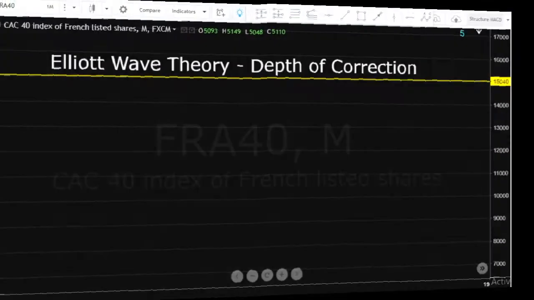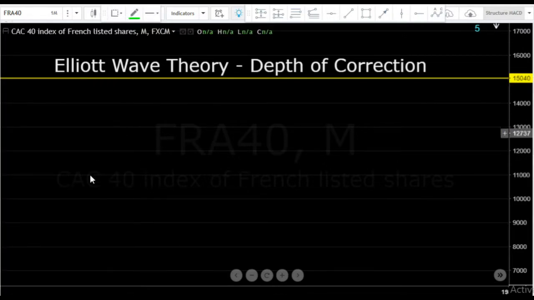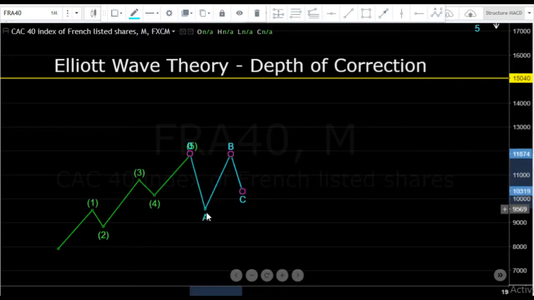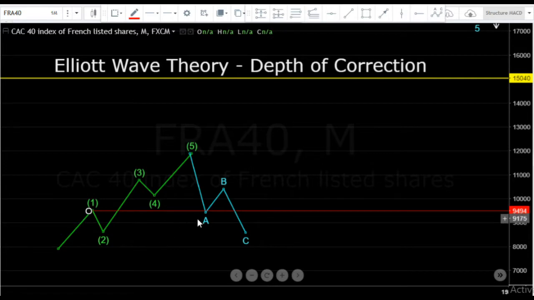So for wave 2, the situation is slightly different. In wave 1, it often comes down into the area between 1 and 2. So wave 2, and if we draw in, there's our area of wave 1. There's our area. Let's draw this in.